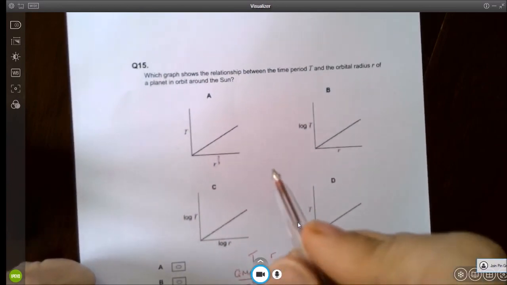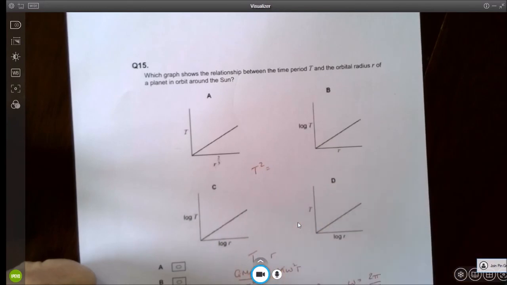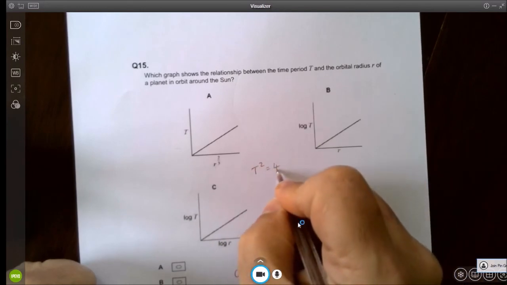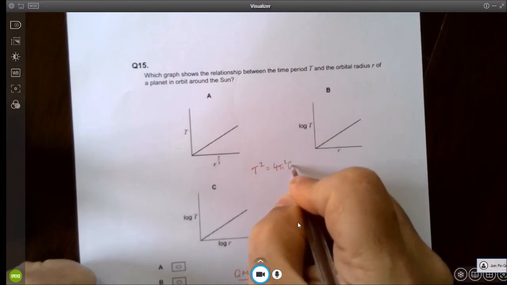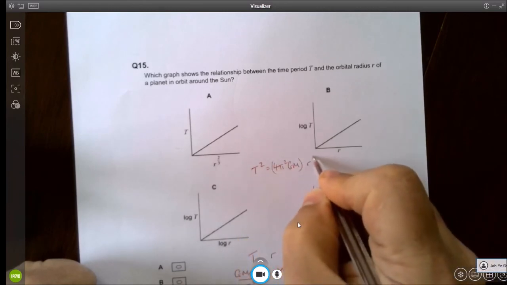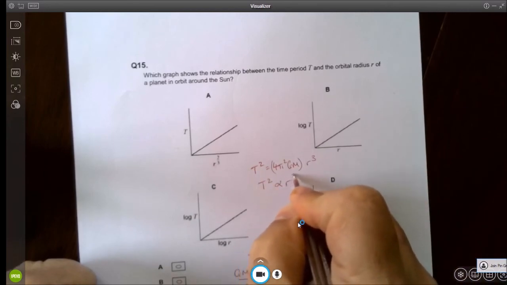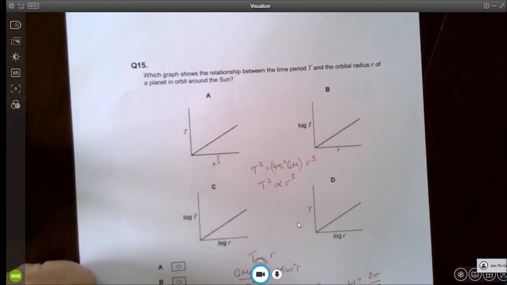I'm going to write it up in the middle of here just so you can see it easier. T squared equals 4 pi squared over GM, none of that really matters, r cubed. So Kepler's law, T squared is proportional to r cubed.